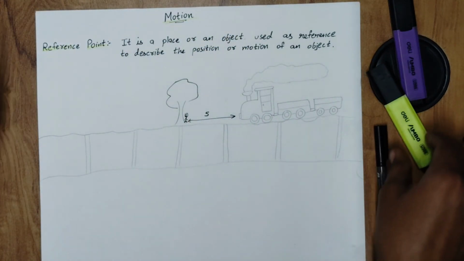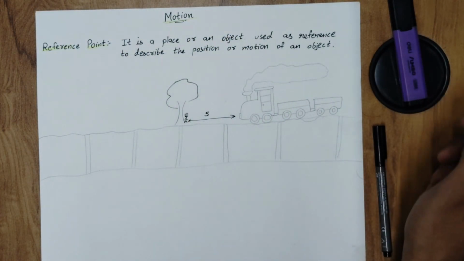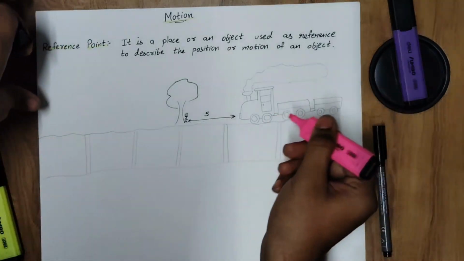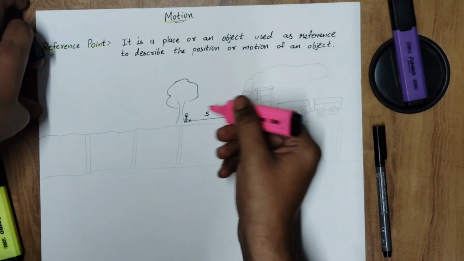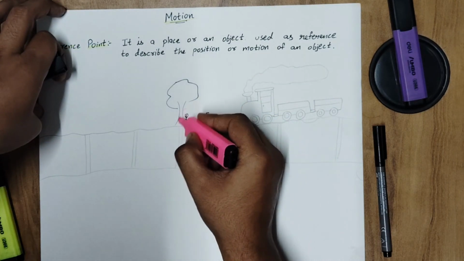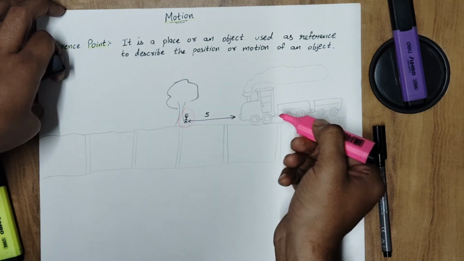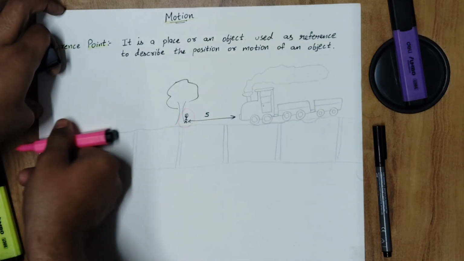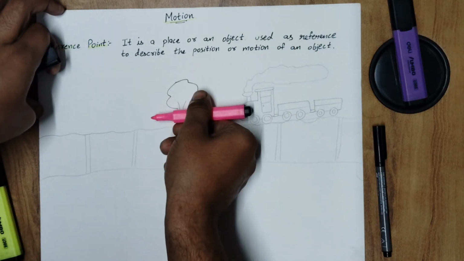Motion is nothing. Anything that changes its position is known as motion. कोई भी चीज अपना जो पोजीशन चेंज करेगी विथ रिस्पेक्ट टू द फ्रेम ऑफ रेफरेंस, जो भी उसको देख रहा है. सपोज दिस इज द ऑब्जर्वर. ही इज सीइंग द ट्रेन मूविंग इन दिस डायरेक्शन. फॉर हिम द ट्रेन विल पास like this and the frame of reference will stand here.